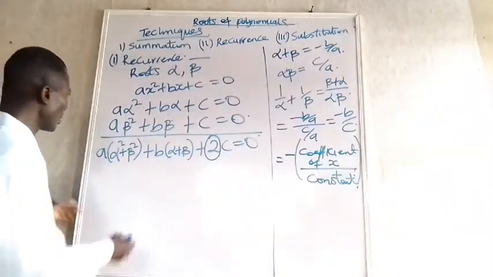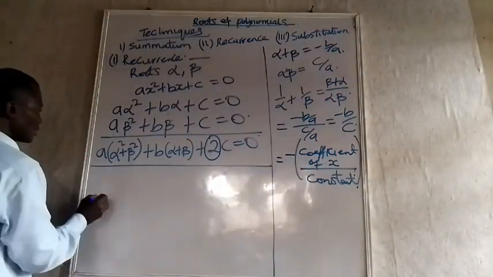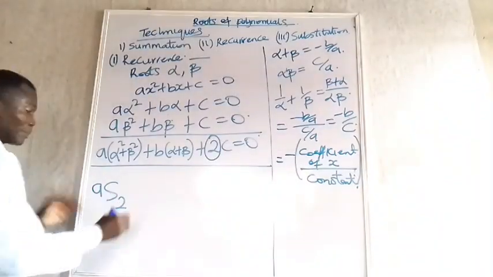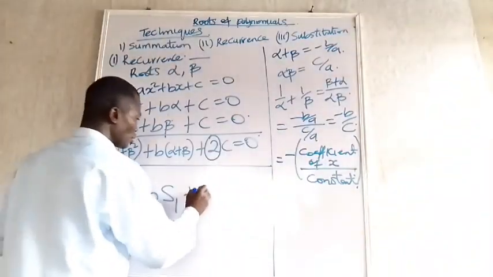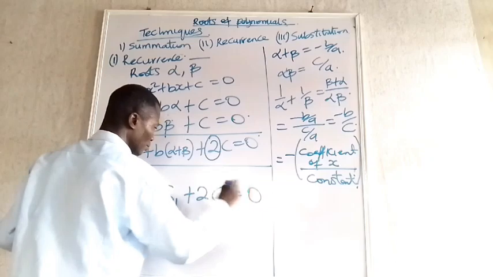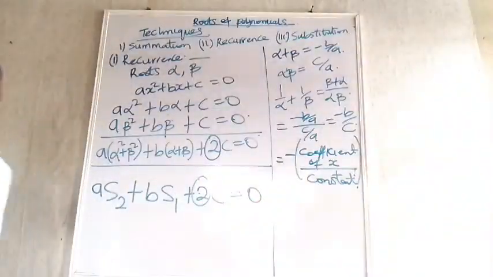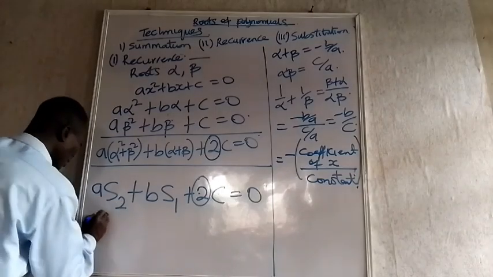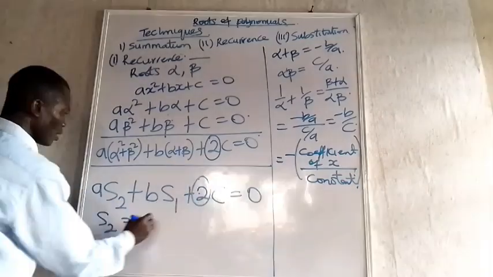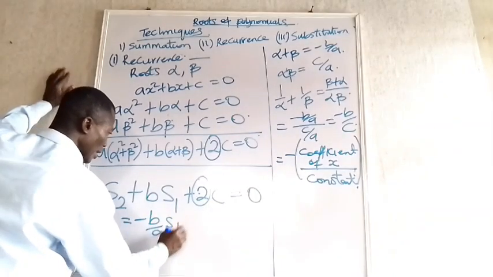For instance, from this equation I can easily say a s2, remember this notation, plus b s1 plus 2c is equal to 0. Please take note of this. So from here, I can easily find s2, and s2 will be equal to minus b over a s1 minus 2c.